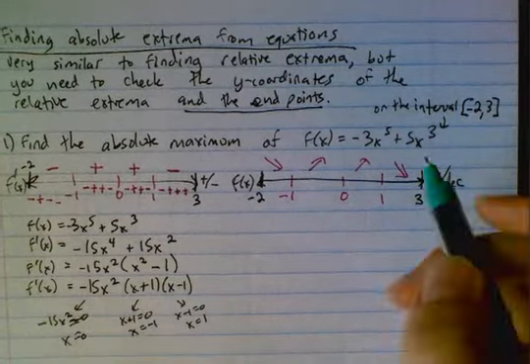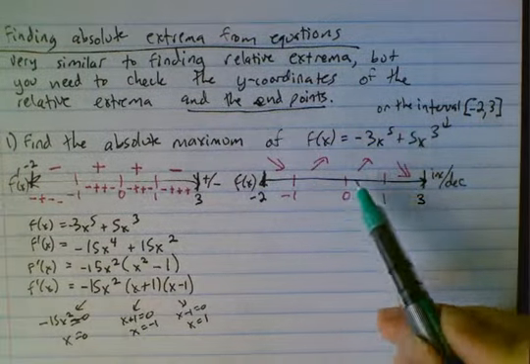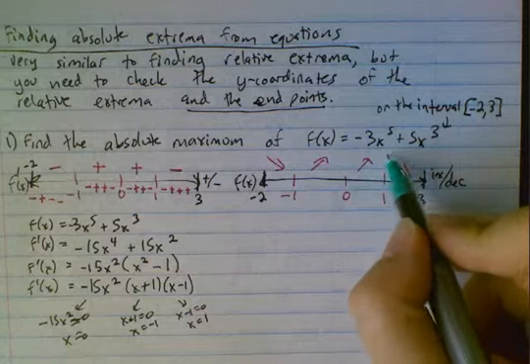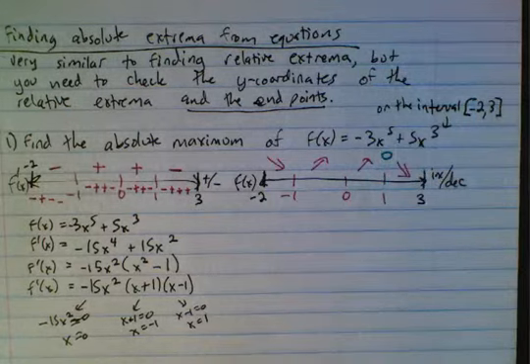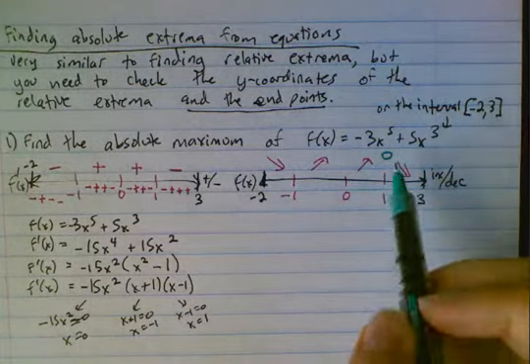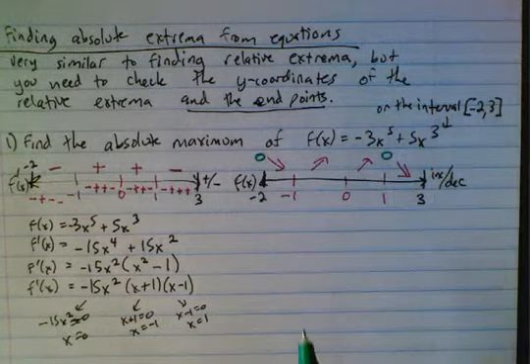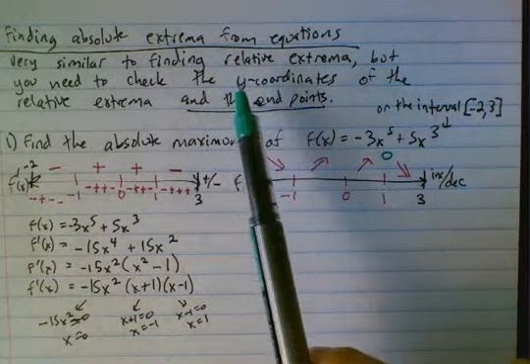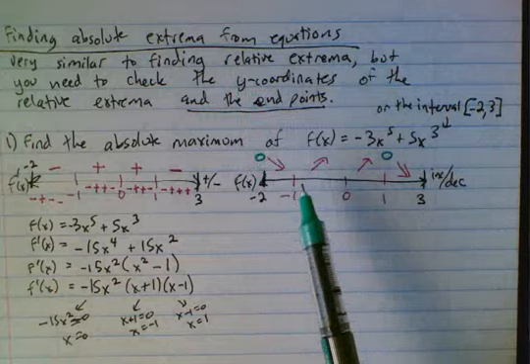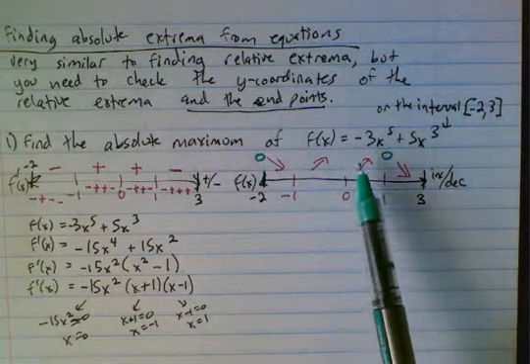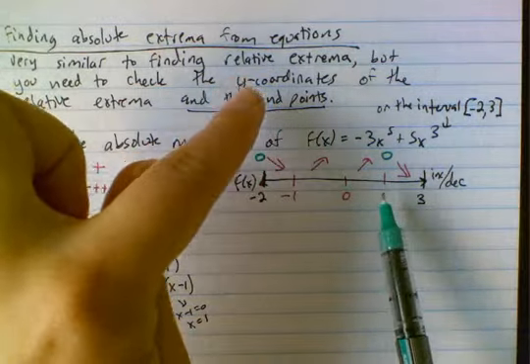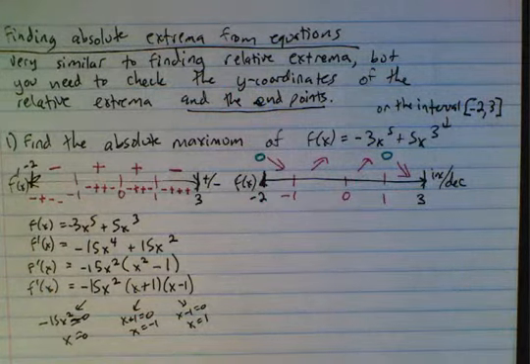So, if our function goes like this, then we have a potential absolute maximum right here. That's the relative maximum. But we also could have a potential absolute maximum right here. Maybe what happens is that f of x starts off really high, comes down, goes up, comes down. So the actual highest point is over on this endpoint here.